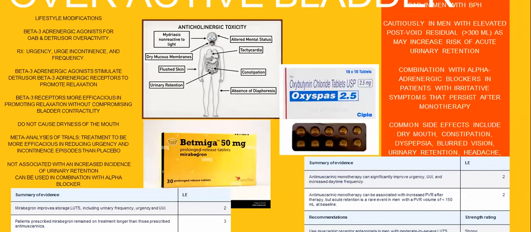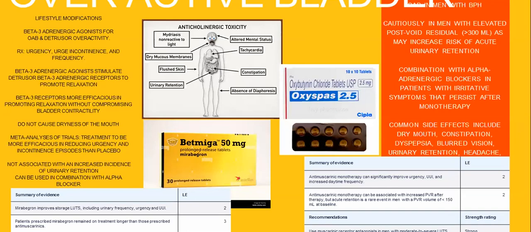They stimulate detrusor beta-3 adrenergic receptors to promote relaxation, and though they are less abundant than beta-2 adrenergic receptors, beta-3 receptors are more efficacious in promoting relaxation without compromising bladder contractility. The ones that are available are mirabegron and vibegron, and these medications may be preferred over anticholinergic agents as they do not cause dryness of the mouth.